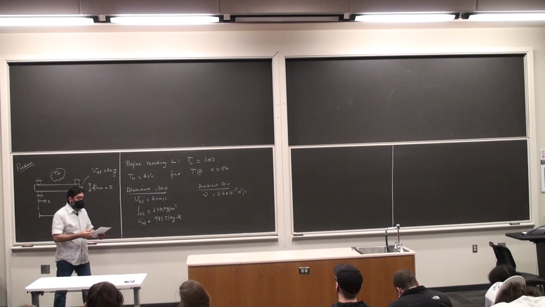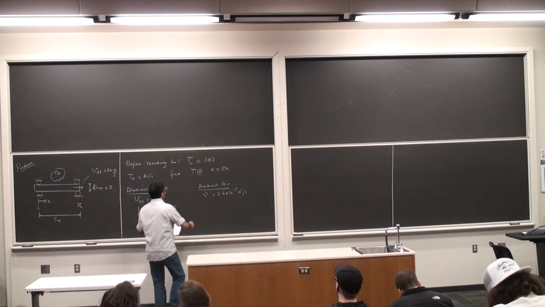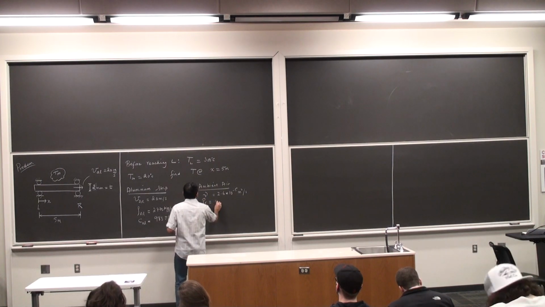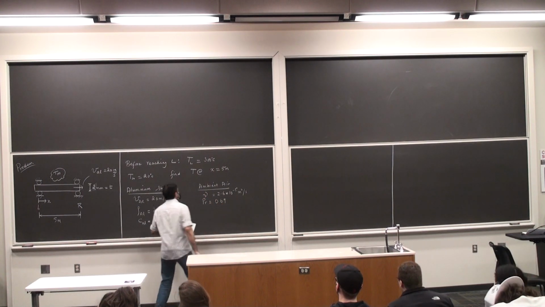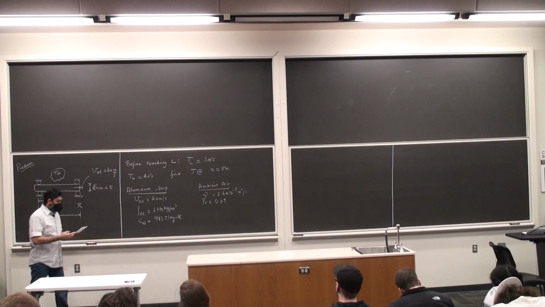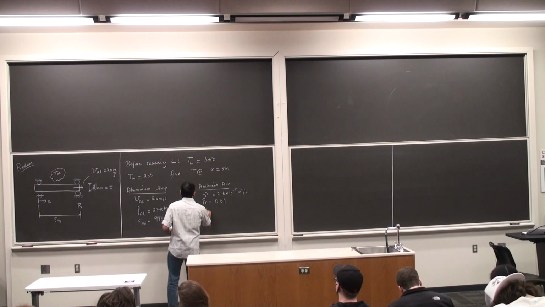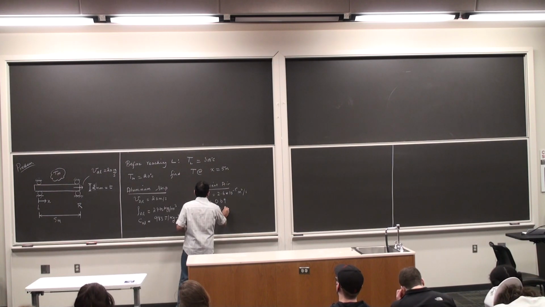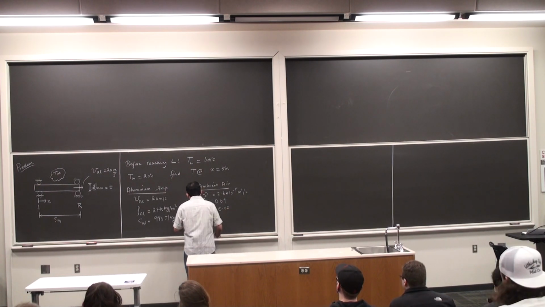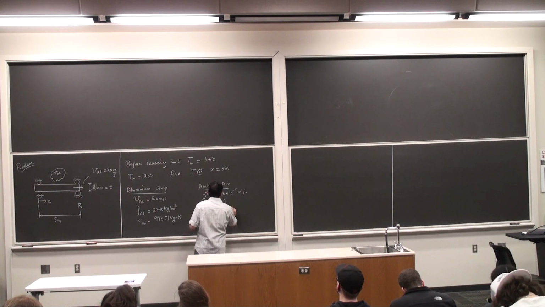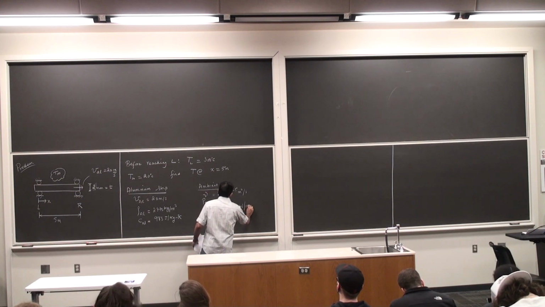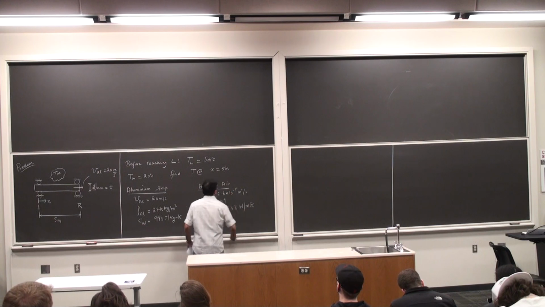You're told that the Prandtl number is 0.69. And then you're told that Kf, the thermal conductivity of air, is 0.0338 watts per meter Kelvin.